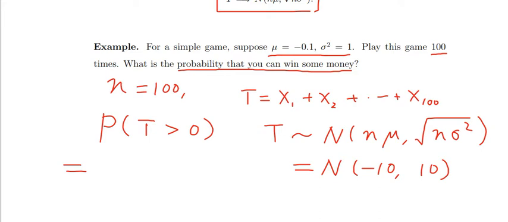So for such a normal distribution, we want to find the probability. The first step is changing this to Z, changing this to standard normal. So this number minus mu, where mu is negative 10, divided by sigma.